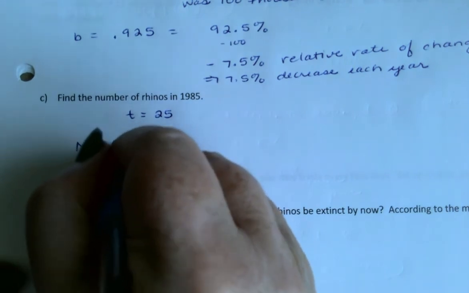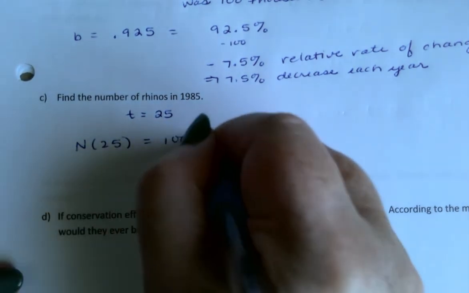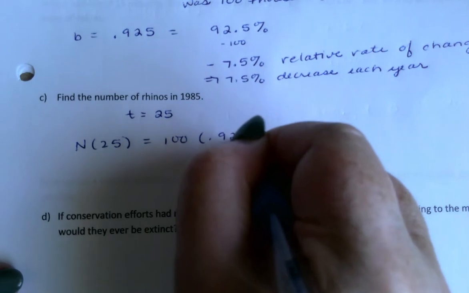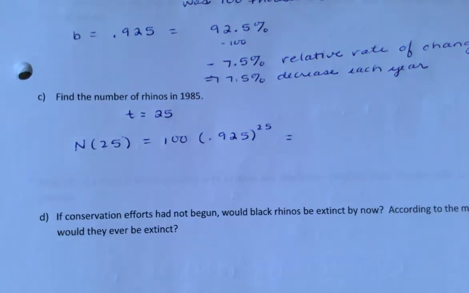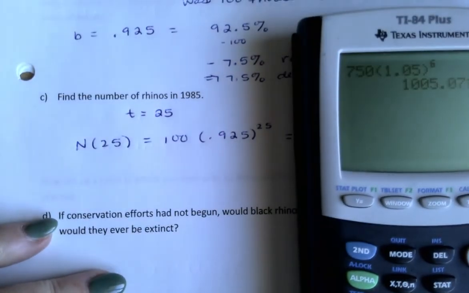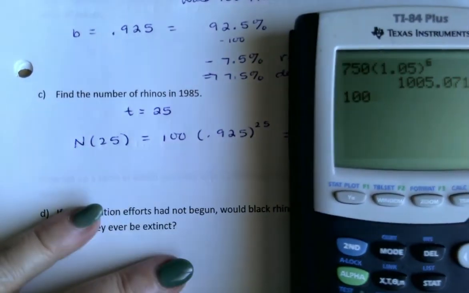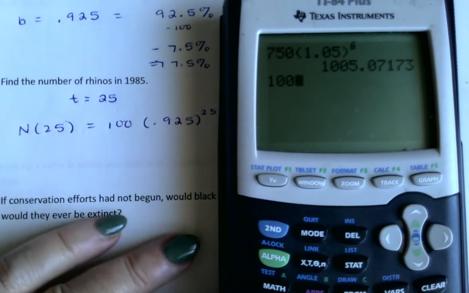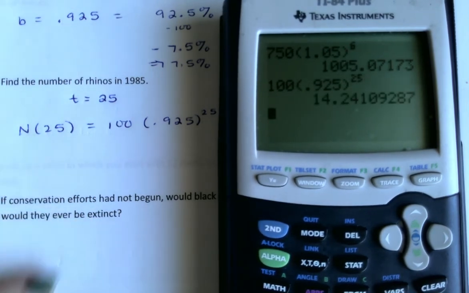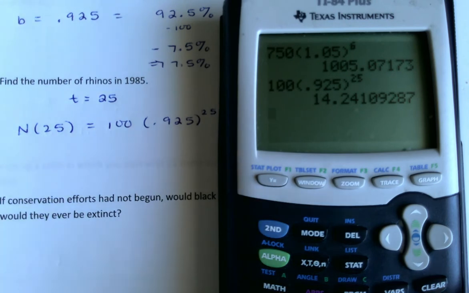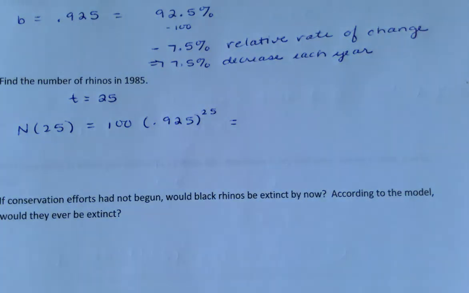And so n of 25, 100 times 0.925 to the 25th power, is about 14.24. And again, that's in thousands.